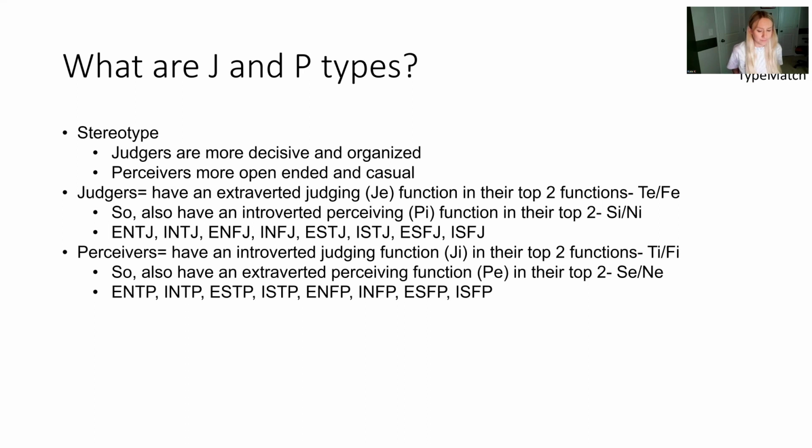So whether someone is a J type or a P type is really determined by whether their perceiving function is extroverted or introverted. So with introverted perceiving functions, you're a J type. With extroverted perceiving functions, you are a P type. Primary extroverted perceiver, P. Maybe you can use that to remember.